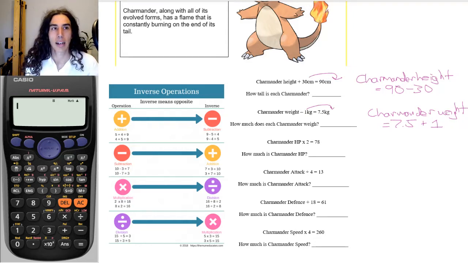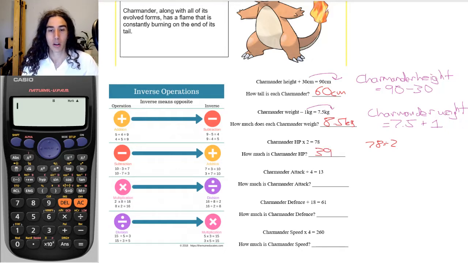All right, answers. Each Charmander, 60 centimeters. The weight, 7.5 plus 1, 8.5. Times by 2. Then you got to divide by 2, 39.